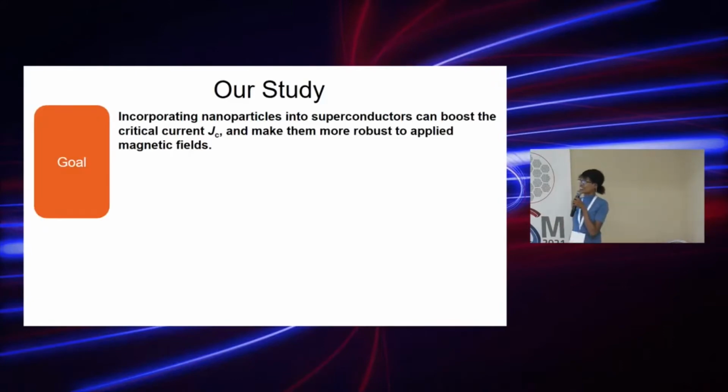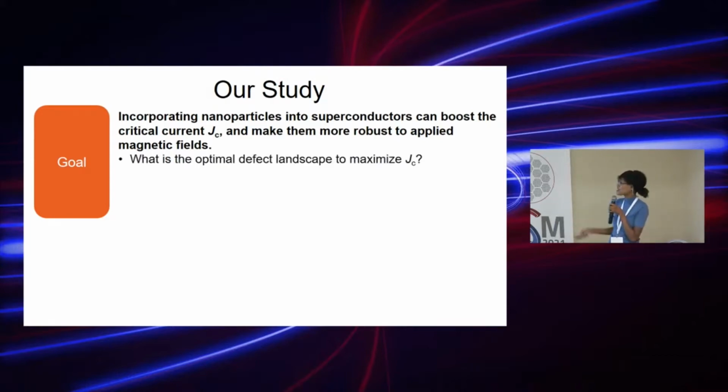Okay, so it's known that incorporating nanoparticles into superconductors can boost Jc and make it more robust to applied magnetic fields.